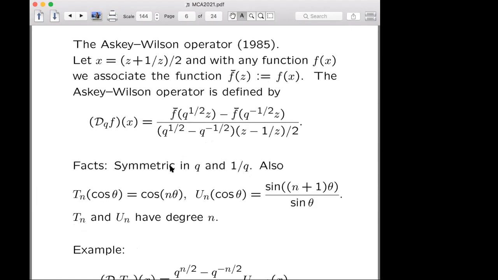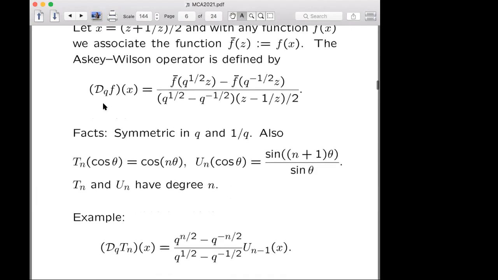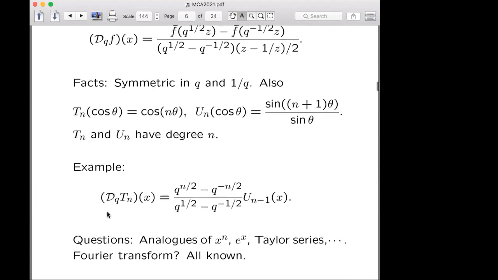Okay, so the Chebyshev polynomial of the first kind is cosine n theta. Of the second kind is sine n plus 1 theta over sine theta. It's a function of cosine theta. And what this operator does is if you act on the Chebyshev polynomial of the first kind, it gives you the Chebyshev polynomial of the second kind. And it reduces the degree by 1 and multiplies by this factor.